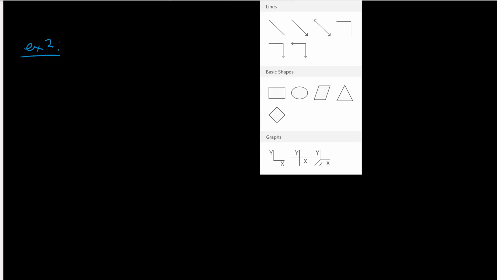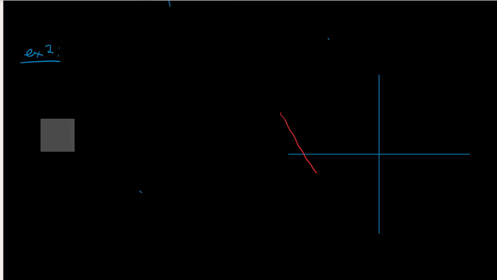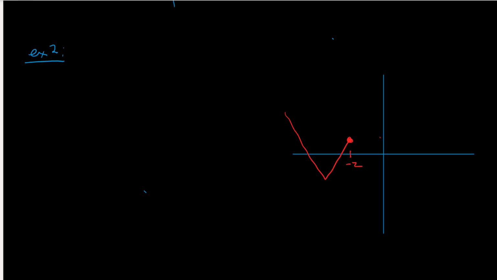I'll draw some function here. And let's say that the graph does something like this. And it's a solid dot there. Let's say this is at -2 and this is a height of 1.